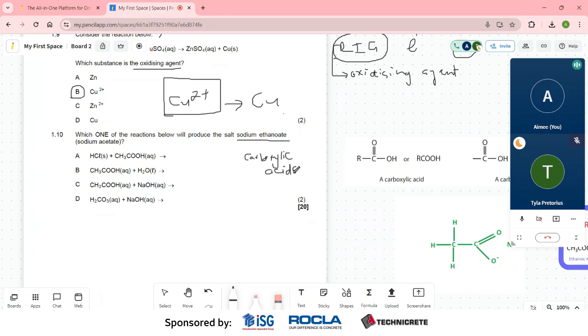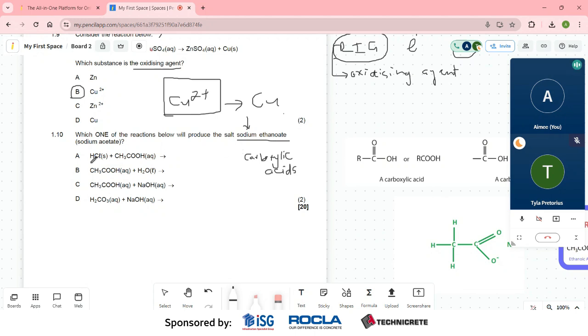So guys, remember this is part of organic chemistry. So sodium ethanoate is a carboxylic acid. Okay, so the first thing you know is that your reactants need to have sodium in them. Your reactants are the things that are on the left-hand side of the equation if the arrow is moving towards the right.